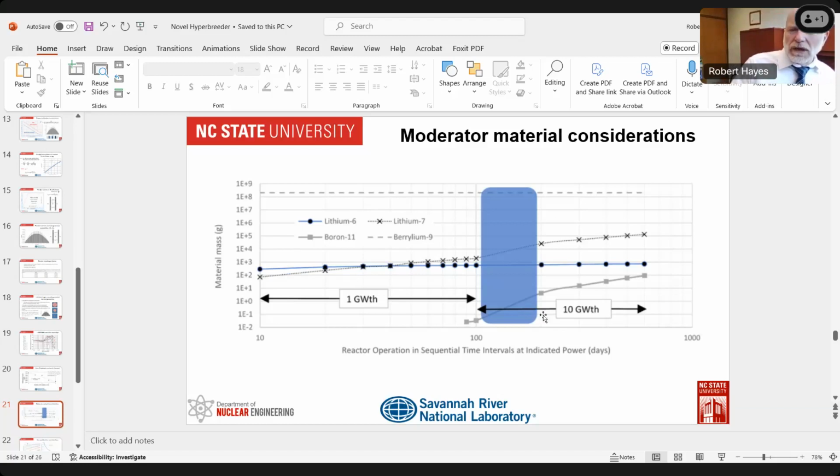Now, it's not until you get to the end of burnup where the lithium-7 starts to approach a fraction of a percent. So the different elements that are forming in the beryllium outside of the helium are quite small. And so what we're expecting then is that the dominant effect is going to be the helium creation and the defects created by scatters, by dislocations that are going to be taking place in that beryllium.